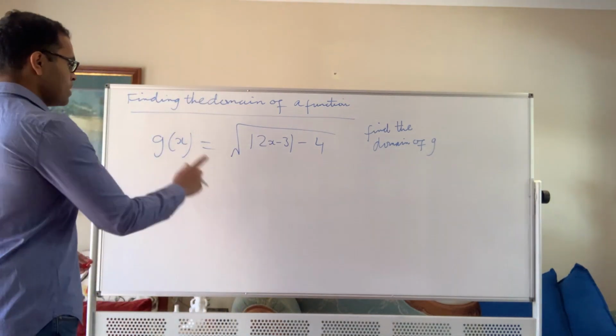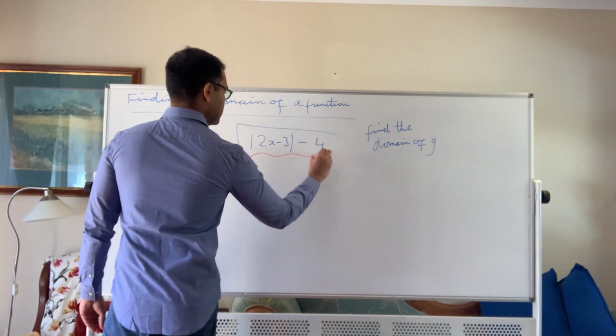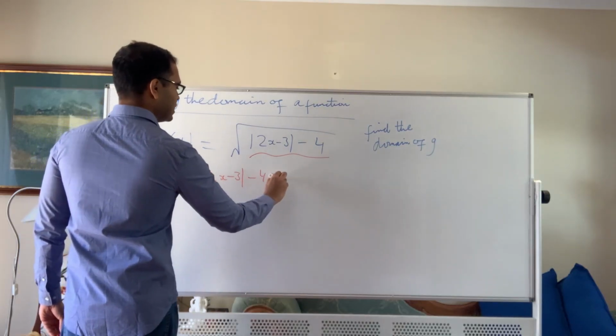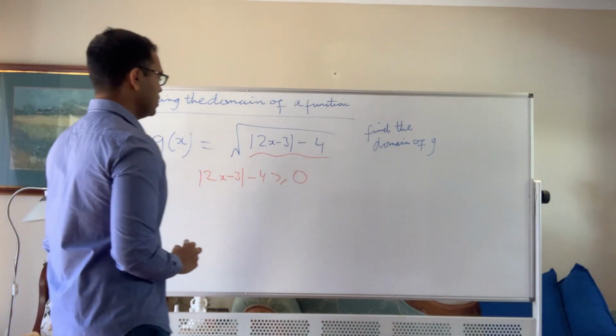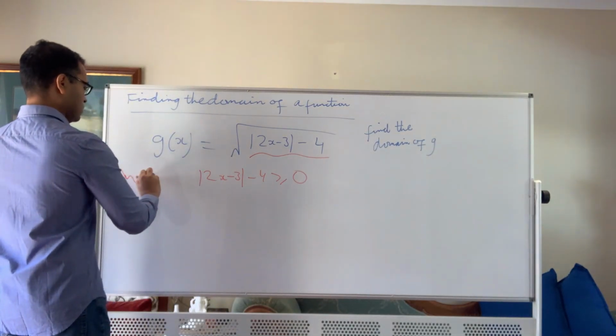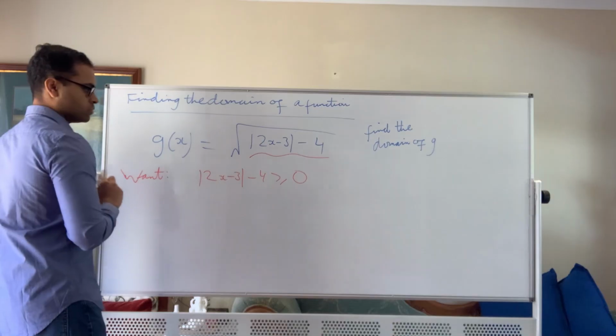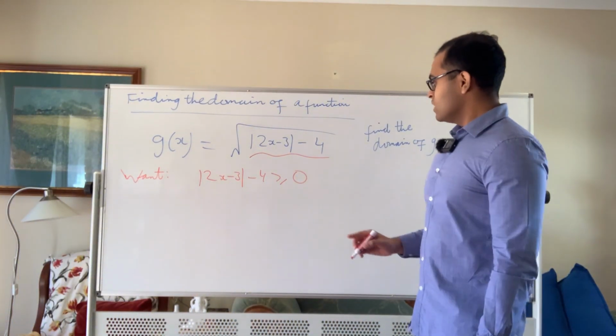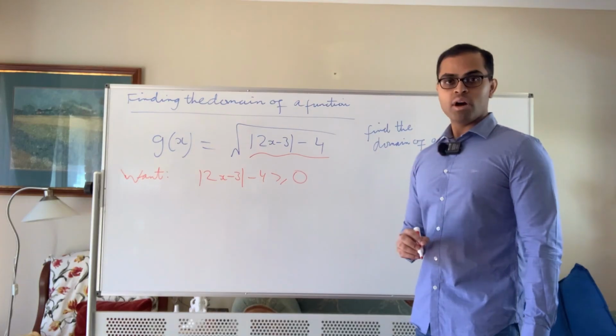So what we need to do is avoid this thing here. We want to say the absolute value of 2x minus 3, minus 4, is at least 0. Now, how are we going to solve this inequality?